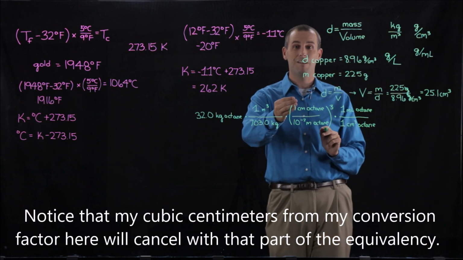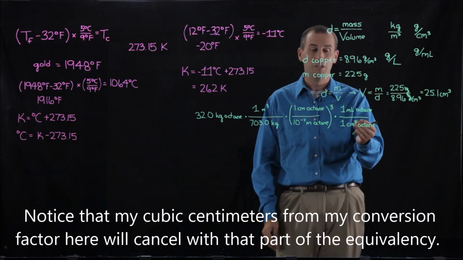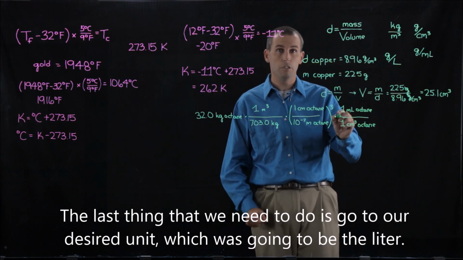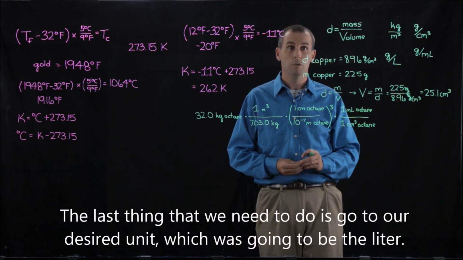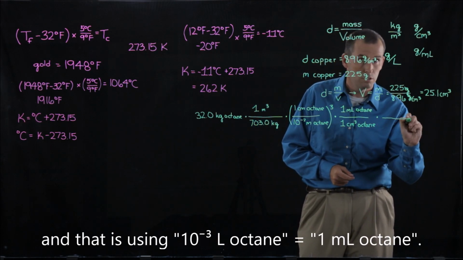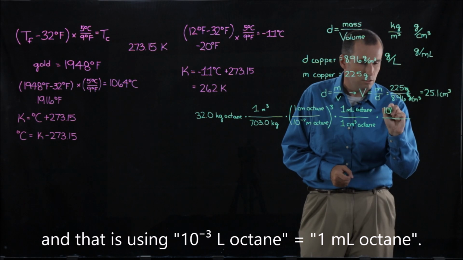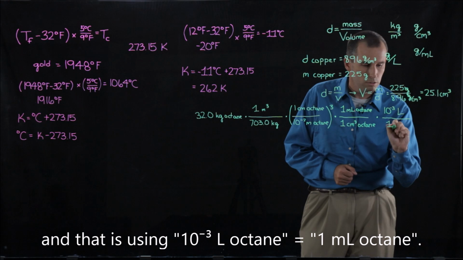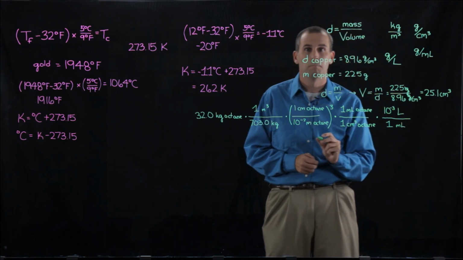Notice that the cubic centimeters from my conversion factor will cancel out with that part of the equivalency. The last thing we need to do is go to our desired unit, the liter, using 10 to the minus third liters is equal to 1 milliliter.